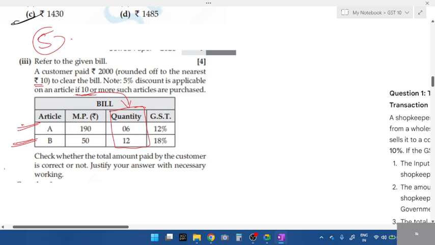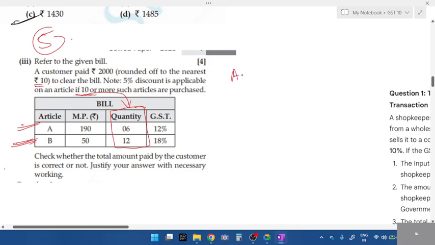Article B. Which one will get discount, students? All of you respond. Which one will get discount? Article B should get discount.